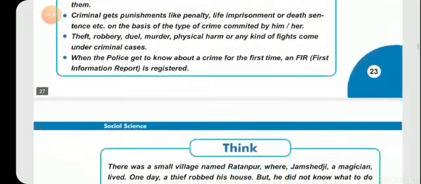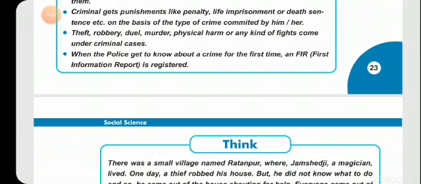So when the police gets information about the crime that has been done for the first time, at that point the first information report is registered.